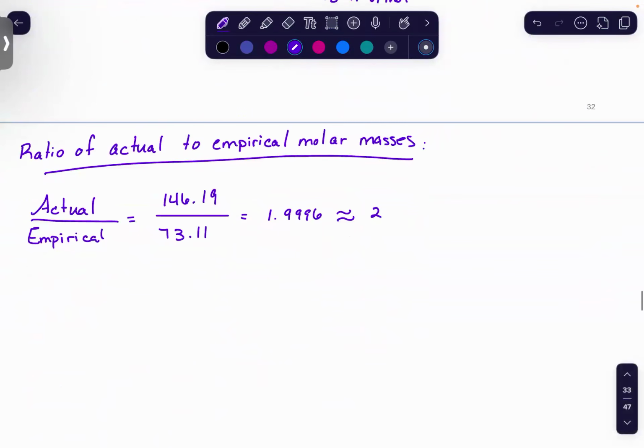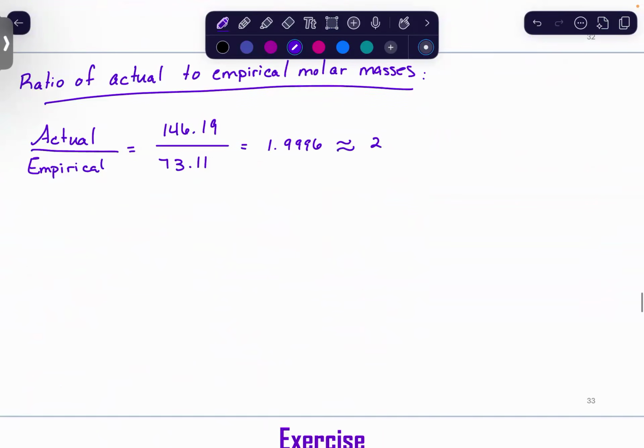So we'll take our empirical formula, C3H7NO. And now with this 2, that's going to be C 3 times 2, H 7 times 2, N, and of course, if you don't see a subscript, remember these are always ones, so it's going to be 1 times 2.